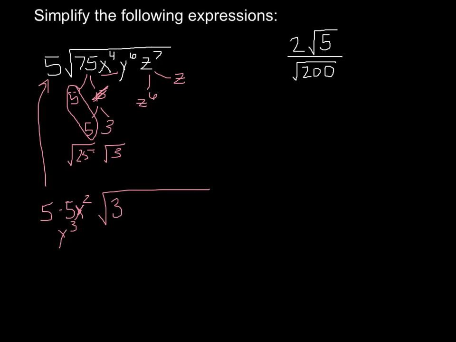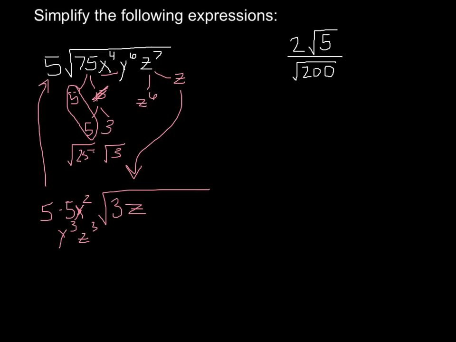You're always going to want to take only one variable out. That way this variable goes inside that square root. And the other variable with the exponent ends up going outside the square root, because the square root of z to the 6th is going to be z cubed.